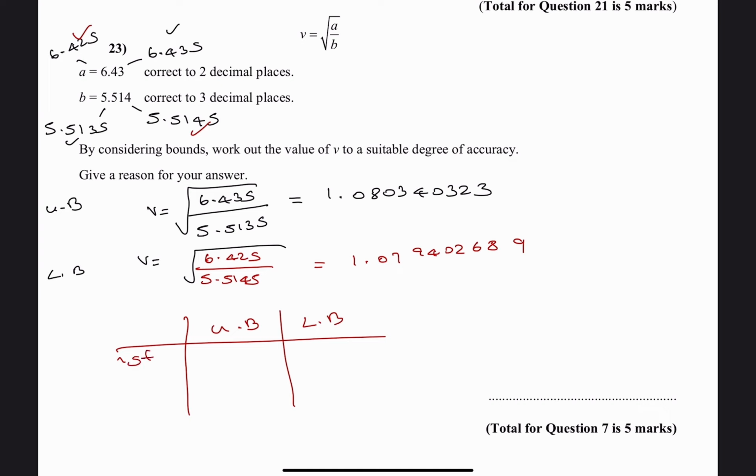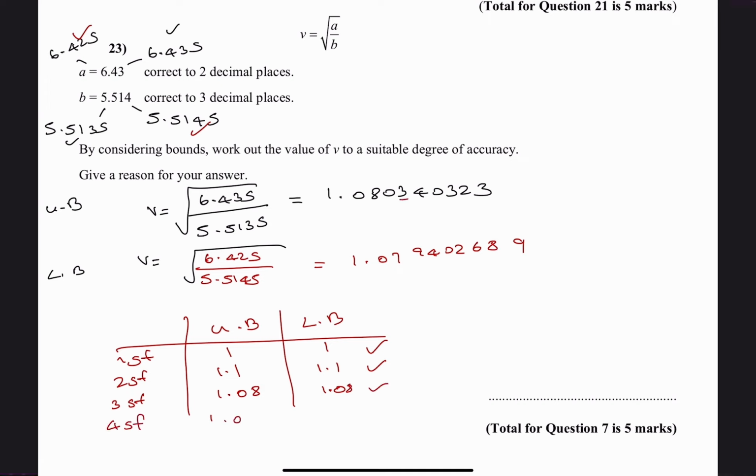If I check that, what do they give you? 1 exactly, and the other one is also 1. 2 significant figures, you're looking at the 8, round it up, so 1.1. You're looking at the 7, round it up, so it's also 1.1. 3 significant figures, you're looking at the 0, round it down, 1.08. You're looking at the 9, round it up, so it's not 1.07, it's 1.08. Another one, 4 significant figures, you're looking at the 3, round it down, 1.080.